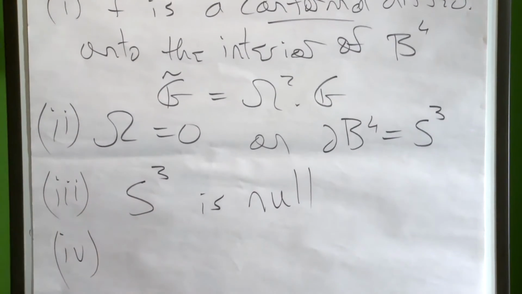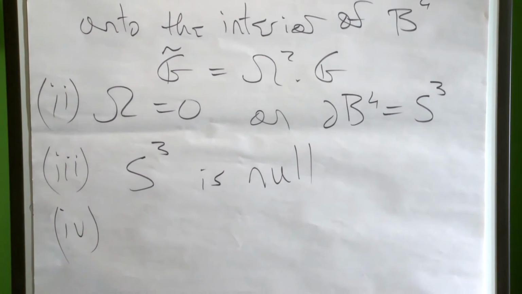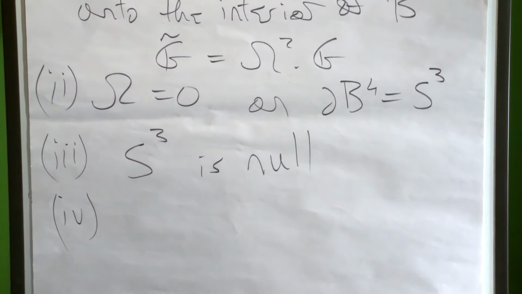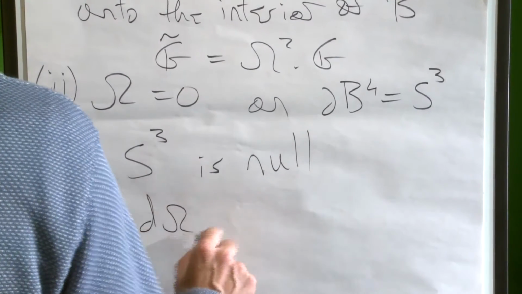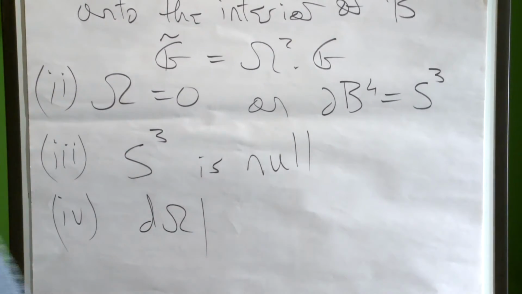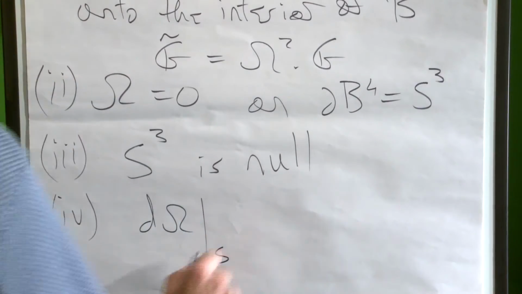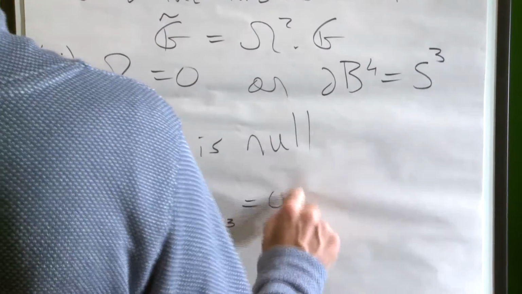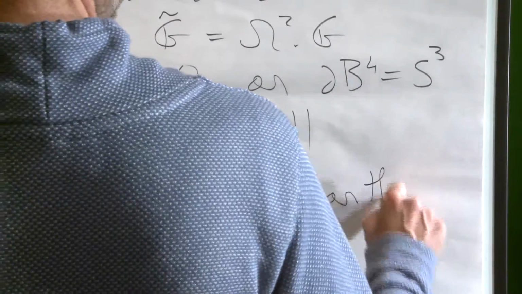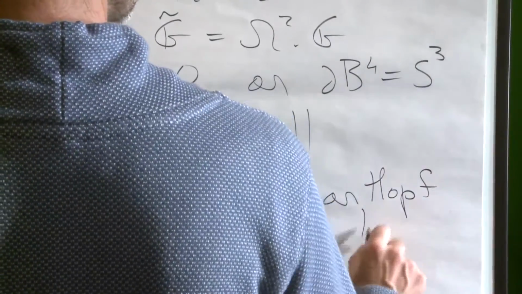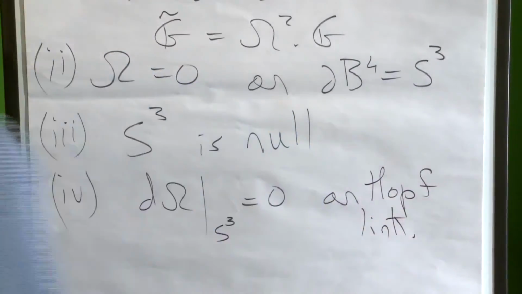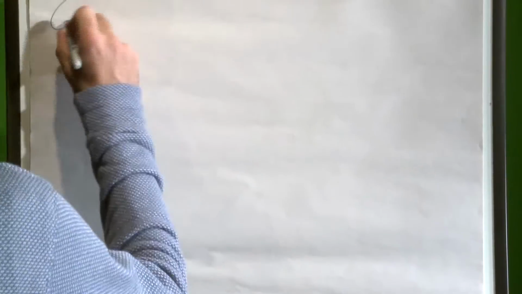The final condition that we discover from this particular map that we write down in the paper is that the gradient of this conformal factor, if you evaluate it on S^3, is equal to 0 on the Hopf link in S^3. And we'll talk a little bit more about that in a while. But it has some interesting properties.